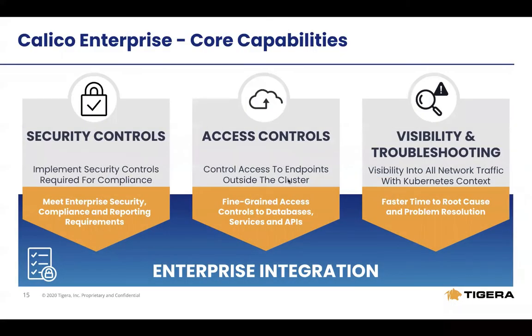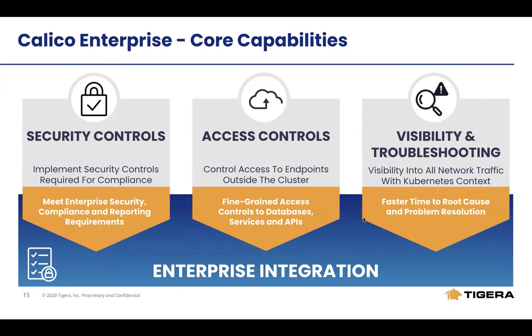Access control means you have a way to do fine-grained access controls for external services. If certain pods need to talk to certain VPC services, public services, or even on-prem services, you can fine-grain how you define this policy, and that way you are not leaving it open for all pods to communicate to those services from a network layer security perspective.